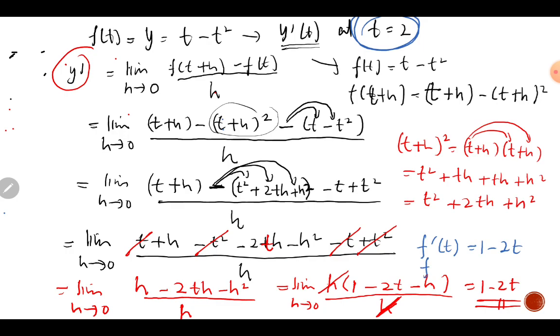But the question asks you to find f prime t at t equals to 2. At t equals to 2. So maknanya kita gantikan t sama dengan 2 ke dalam our derivative here. So 1 minus 2 times 2. So we're going to have 1 minus with 4 is negative 3. So this is your final answer.